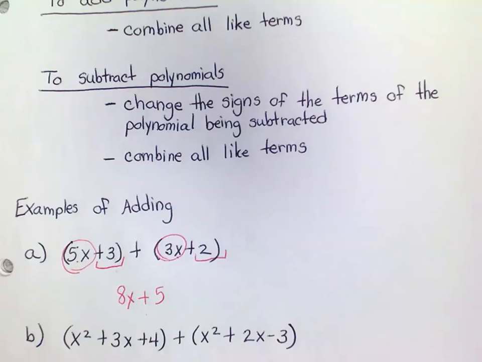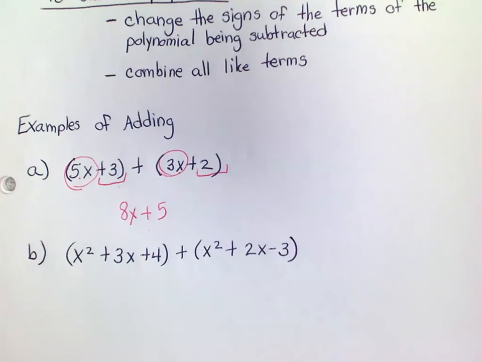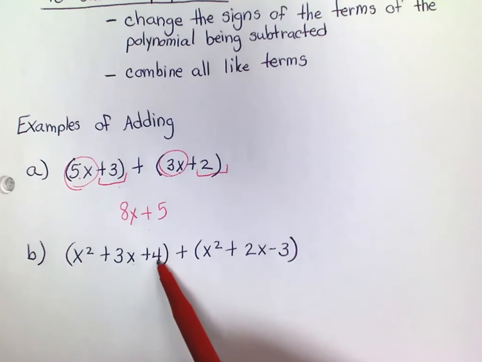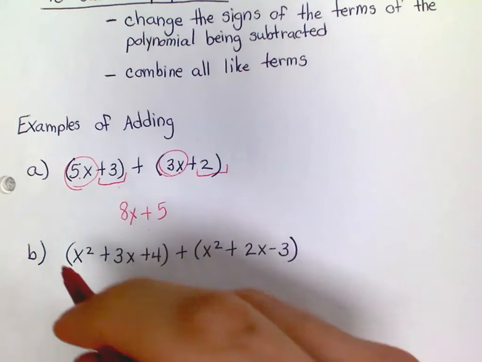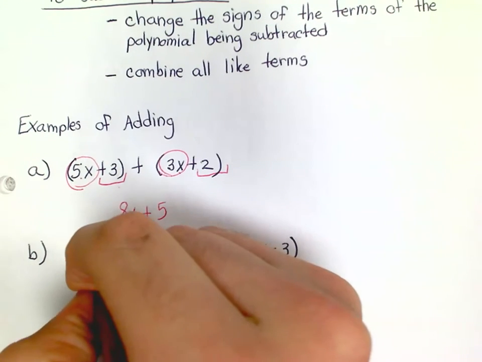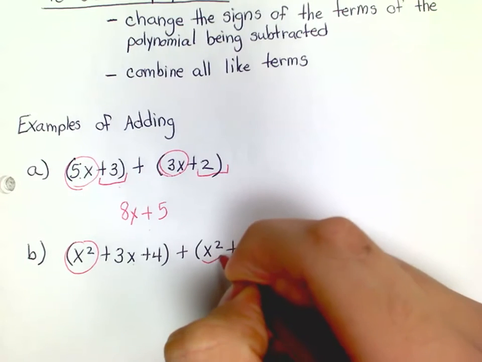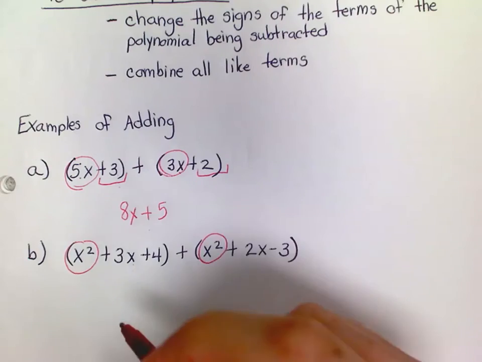Okay, if we look at example B, we see that we have some x squares, some regular x's, and then some numbers that have no variable attached with them. So let's go through and let's group stuff that is similar. Everything that has a x squared, I'm going to circle it. Everything that has a regular x with a coefficient, I'm just going to box it.